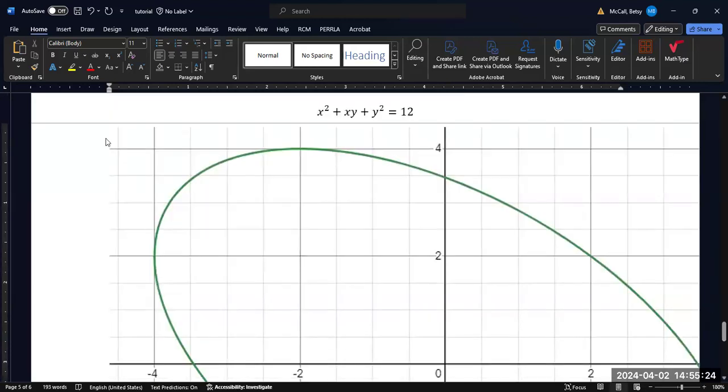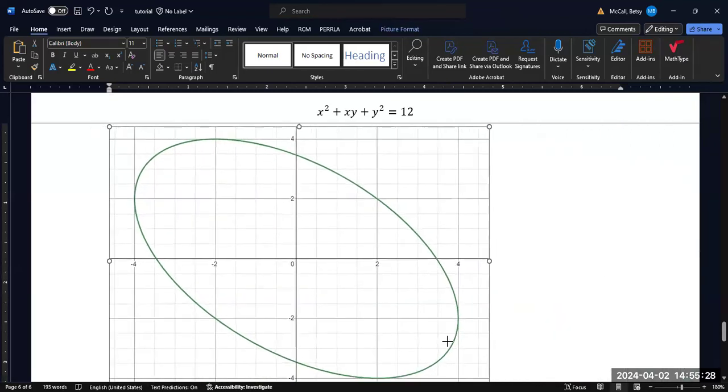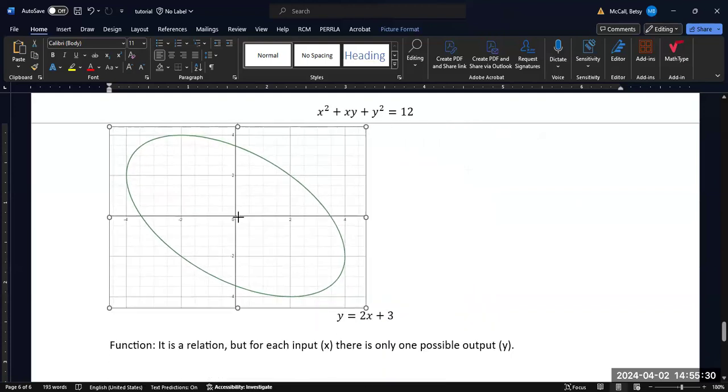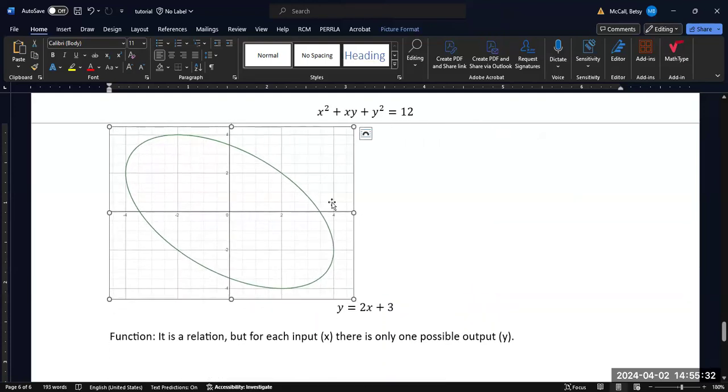and again, let's shrink this so that we can actually see the whole thing. This equation produces this graph. And you can see this is basically an ellipse that's sort of tilted on its side. And what we have here is if you pick any x value that passes through the graph, except for the one way at the far right and the other one way at the far left.